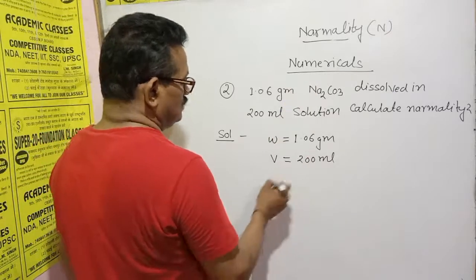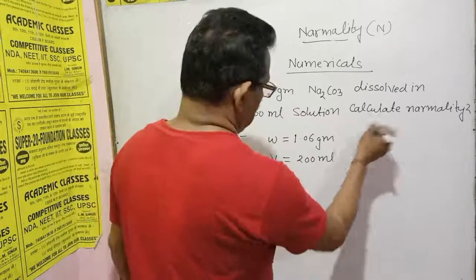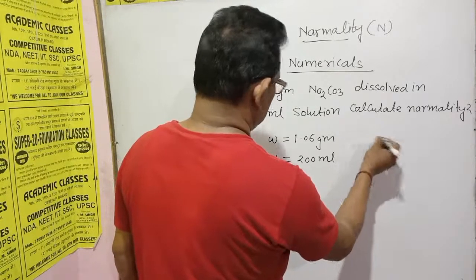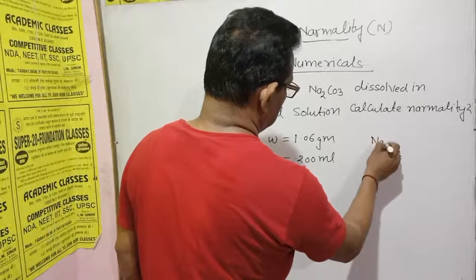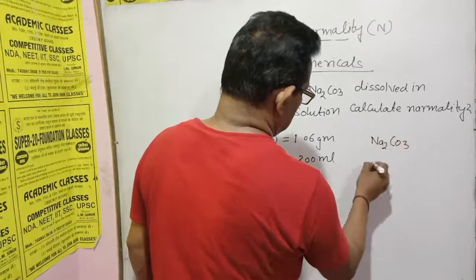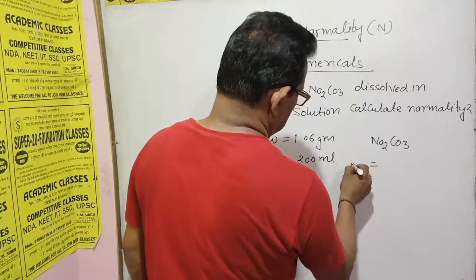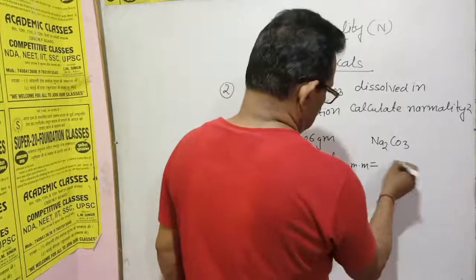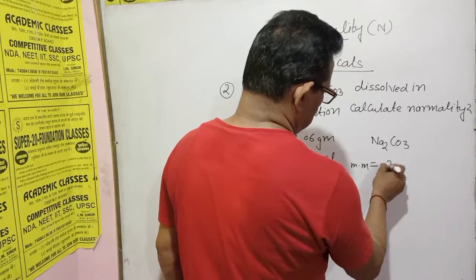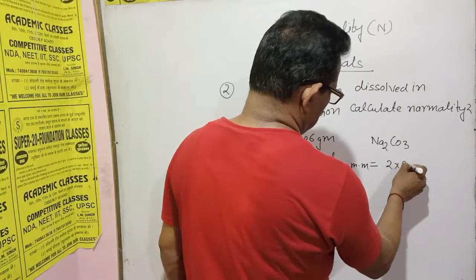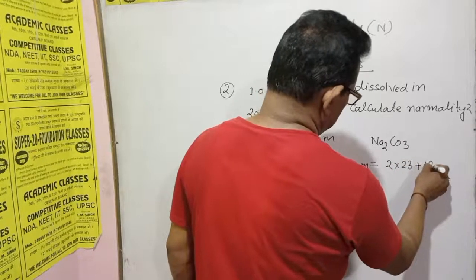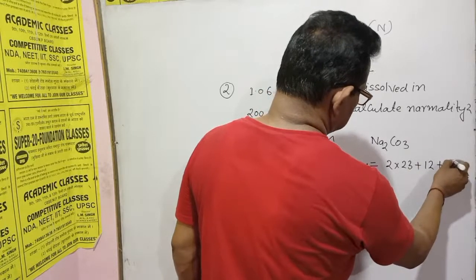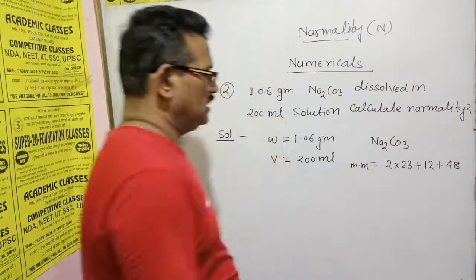Now you can also calculate the molar mass of sodium carbonate. The number of sodium is 2, so 2 into 23 plus 12 plus the number of oxygen is 3, which is 48.